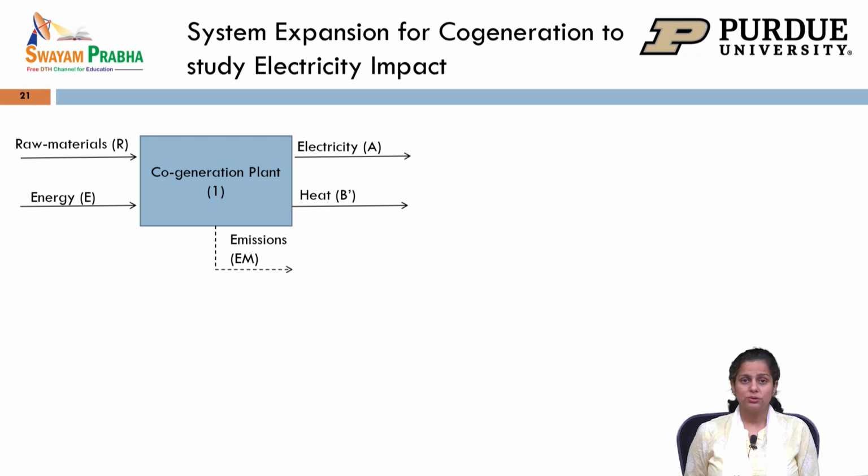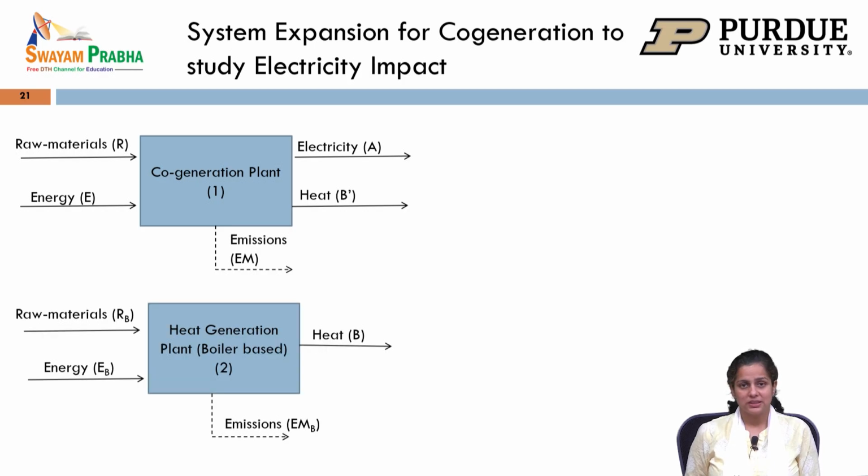Our goal is to assign some of these raw materials, energy and emissions to electricity A, but we know that heat B prime is also going to take some of those values. So, how do we ascribe properly? In scenario 1, we saw that when heat is completely being utilized in the market, it is displacing some of the production from the boiler based plant.